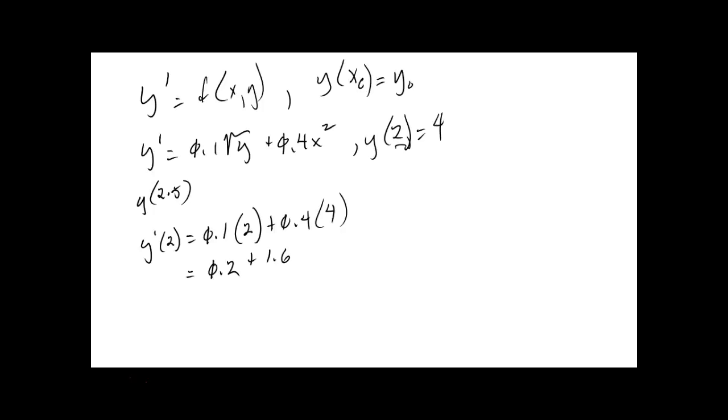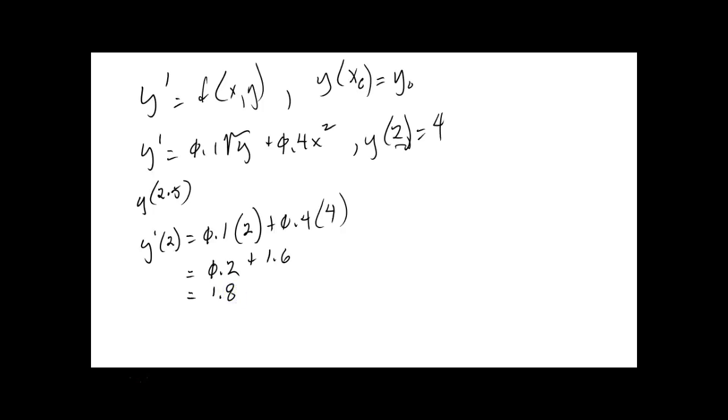Okay, that's what we're going to go for. We're going to estimate this. This we know, because there's our equation. We know that when x is 2, y is equal to 4. We know that, right? So this gives us y prime at 2 is equal to 1.8.